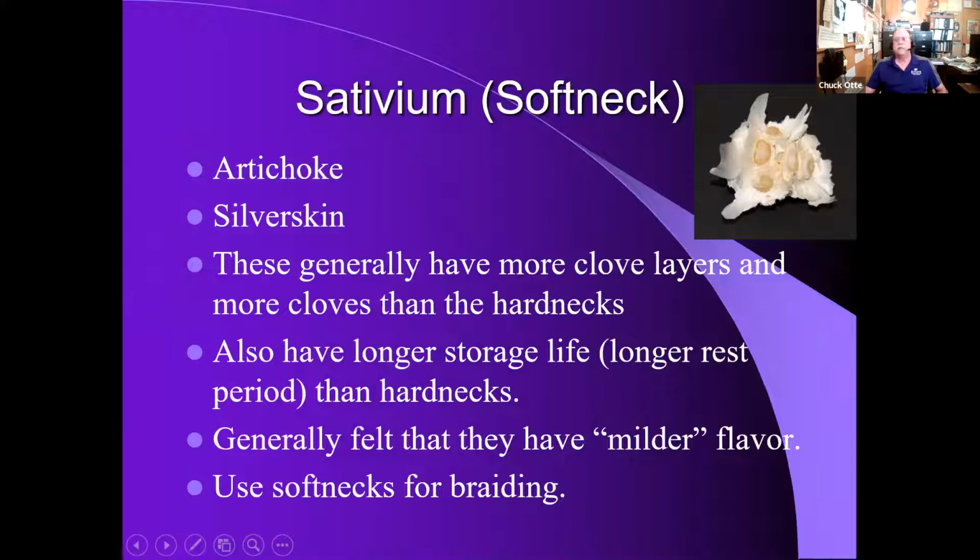Okay, the sativums, the softnecks, we have two basic types, artichoke and silver skin. Softnecks are generally going to have more clove layers, and I'll show you an image next, and more cloves than hardnecks. They also have a much longer storage life, a longer rest period than hardnecks. Most of the varieties that are growing in California are going to be a softneck.